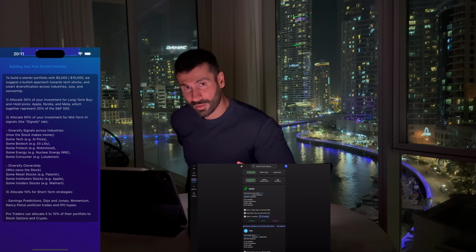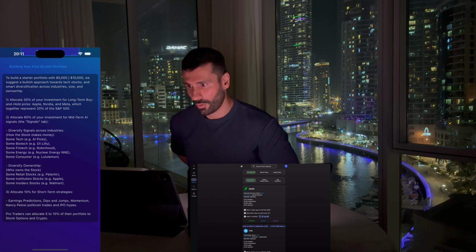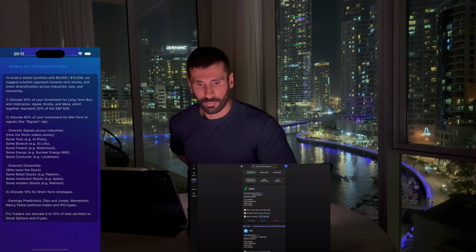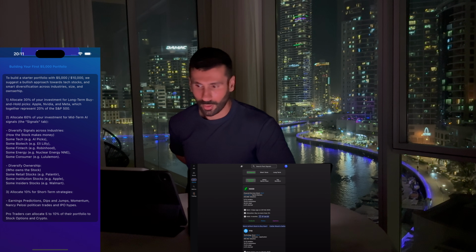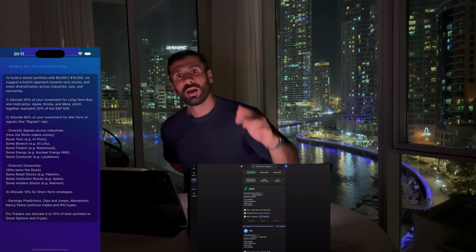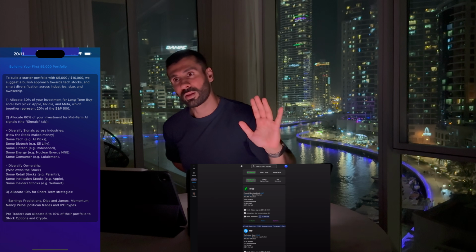If you want to buy 5 tech stocks, buy one with high retail, one with high institutional holding, one more towards AI, one more towards SaaS, one with a long-term view and one with a short-term view. You mix like this and you get your 5 stocks and then you get something proper.